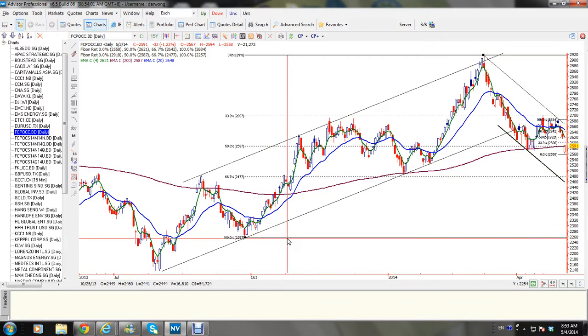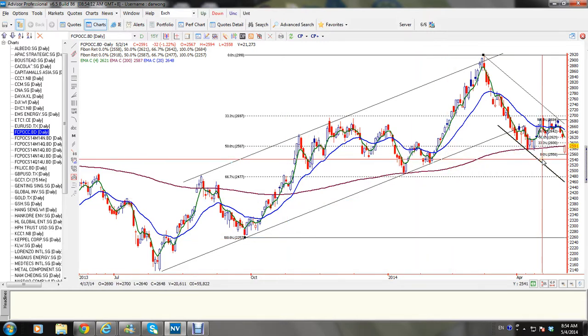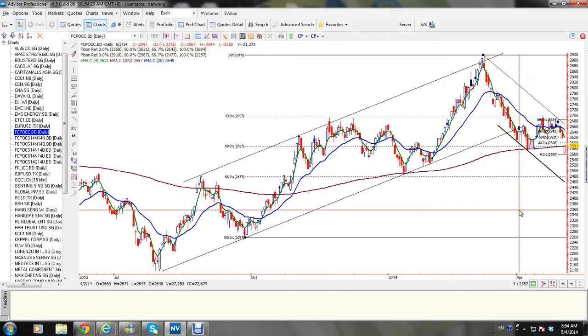But no one is very sure whether this is going to happen, and that all depends on the sentiment over the next 2, 3 or 4 weeks from now. But this week, we are prone to see a drop after midweek, and the market is most likely going to move in bearish sentiment.